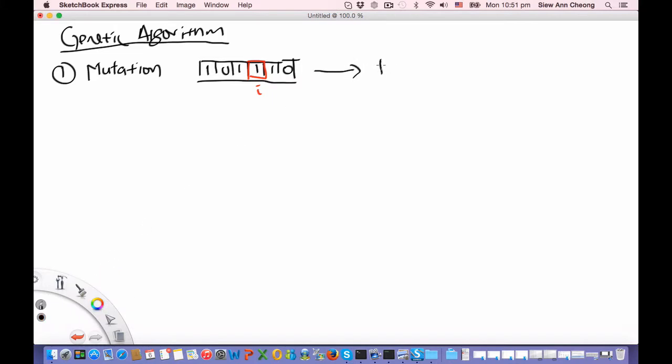Then this particular bit will be flipped, so it becomes 0 because it has been flipped from 1. So this is a bit flip at random site i.